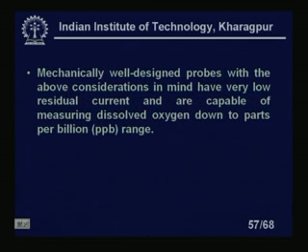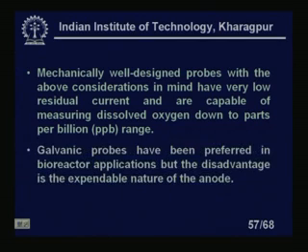Mechanically well designed probes with the above consideration in mind have very low residual current and are capable of measuring dissolved oxygen down to parts per billion, which is called ppb. Instead of parts per million, we are calling it parts per billion range.